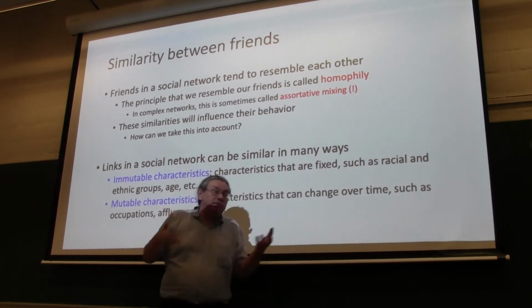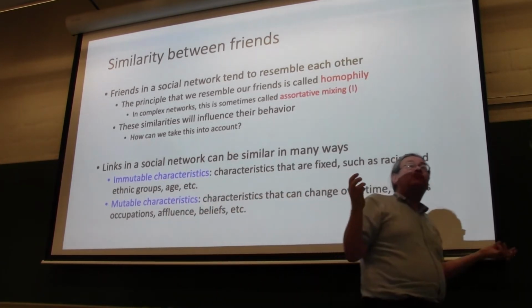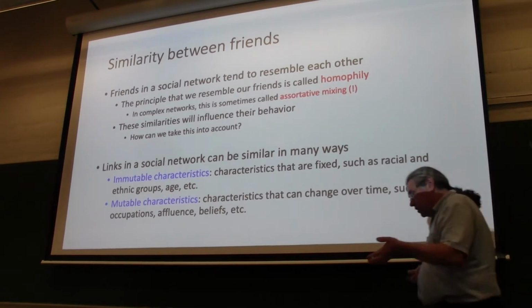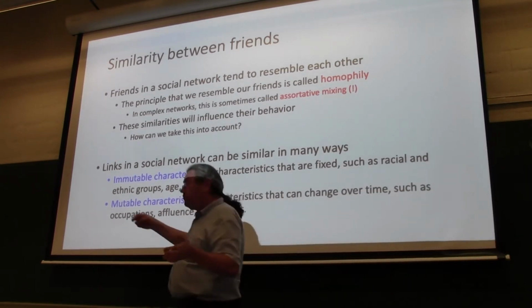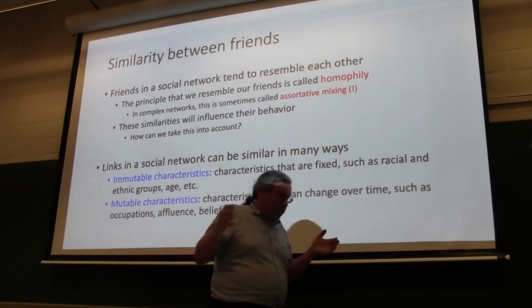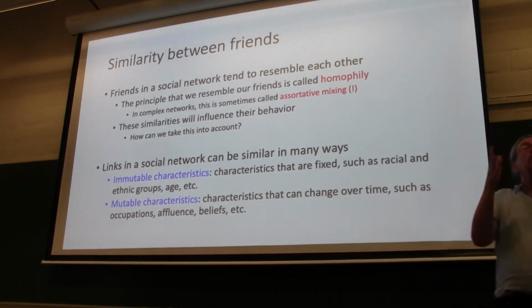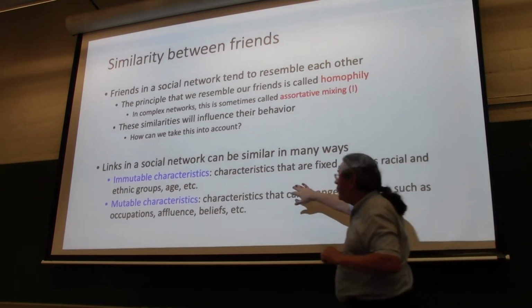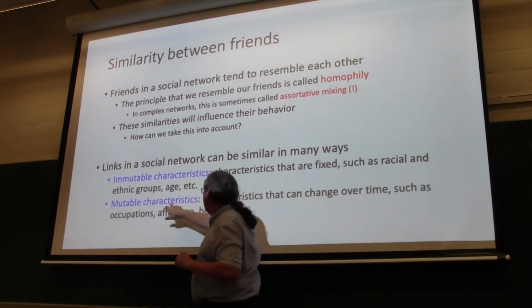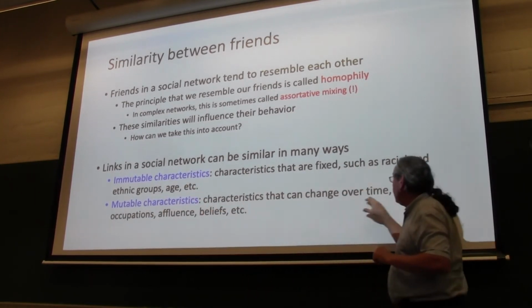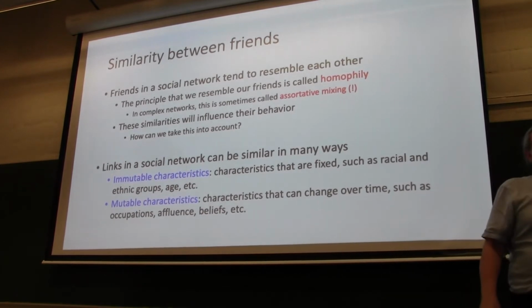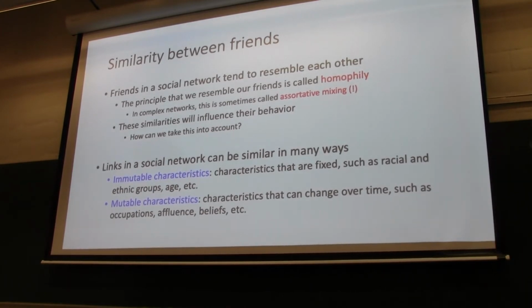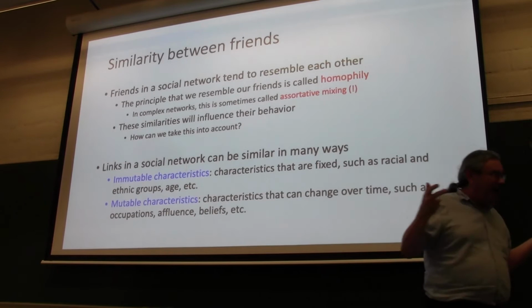Young people tend to be friends with people of the same age. It's rare that a 15-year-old and a 55-year-old are good friends, or at least it's less common than two 15-year-olds. Or racial or ethnic groups. Also mutable characteristics like jobs, or being students at UCLouvain. People who are in the same classroom at the same time have more chance of becoming friends.